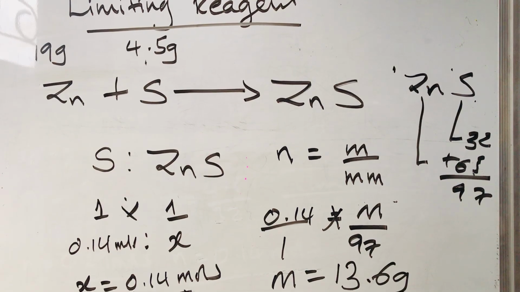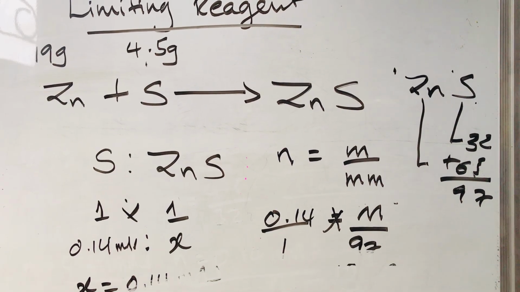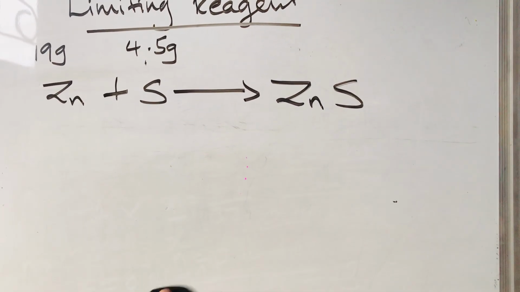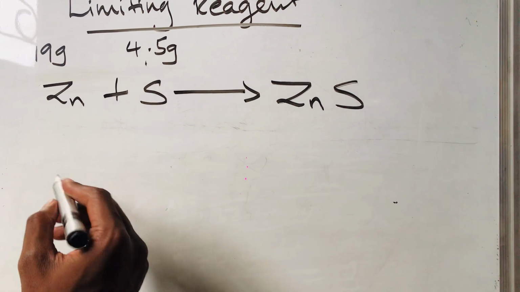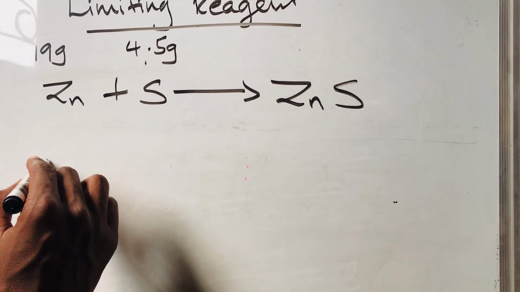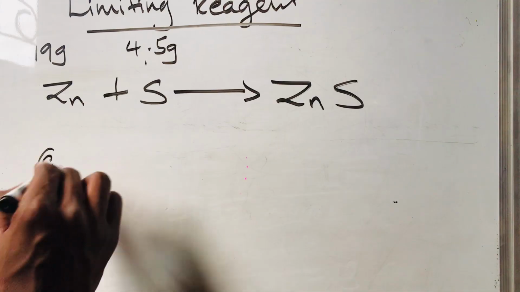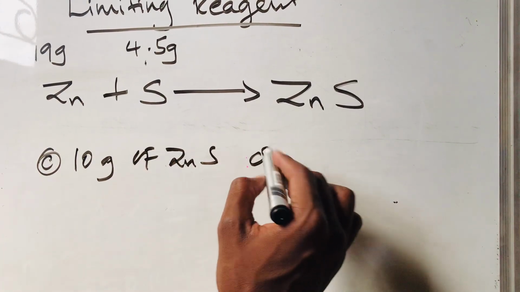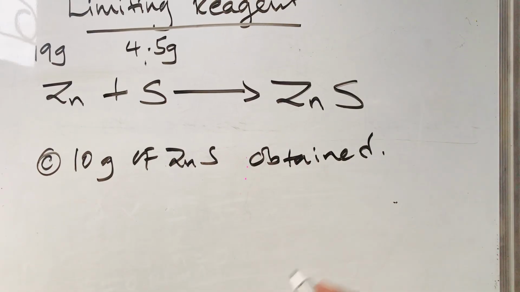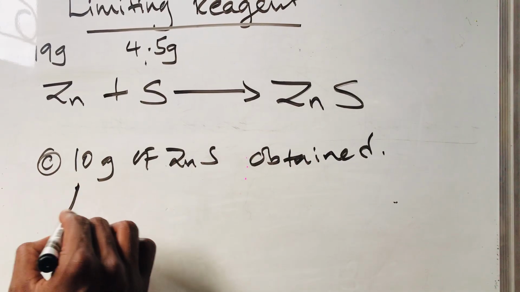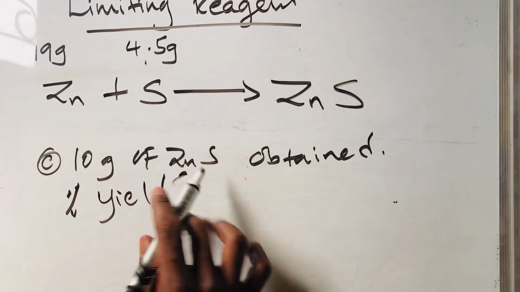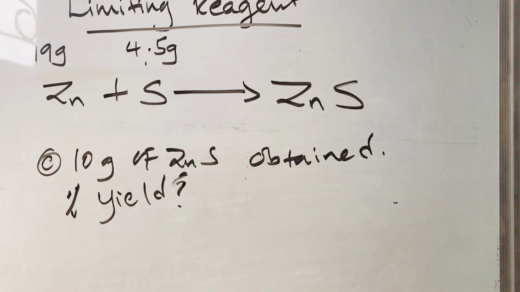Let's say the last question, question C, was saying 10 grams of zinc sulfide was obtained at the end of the reaction.